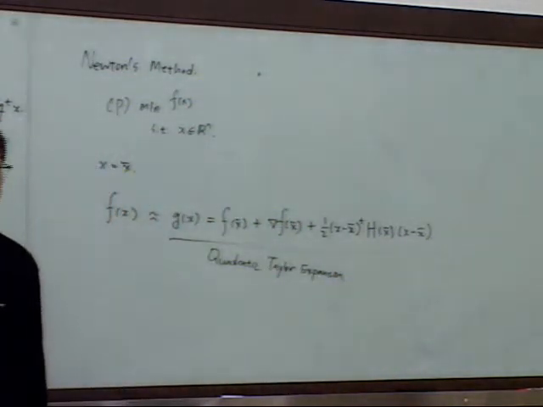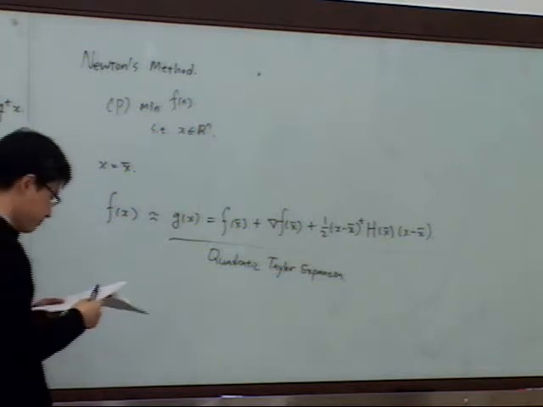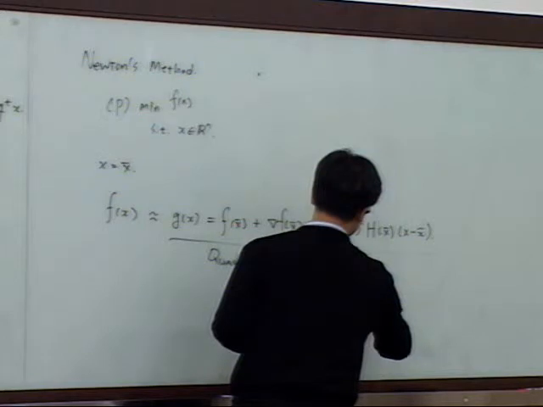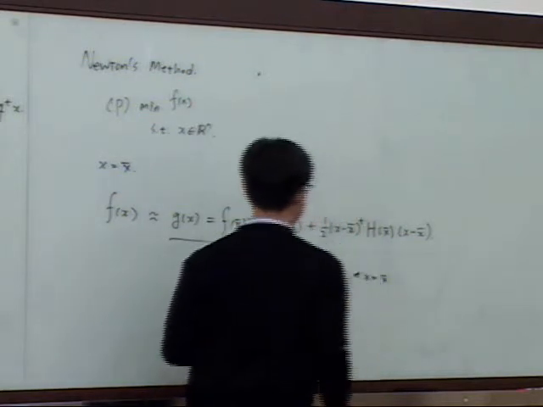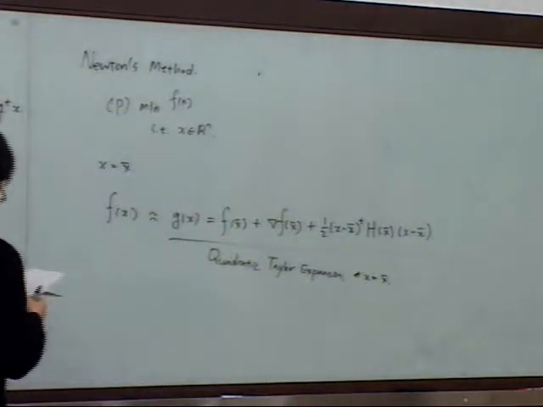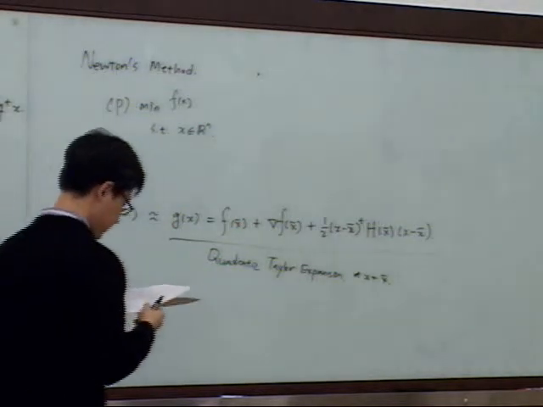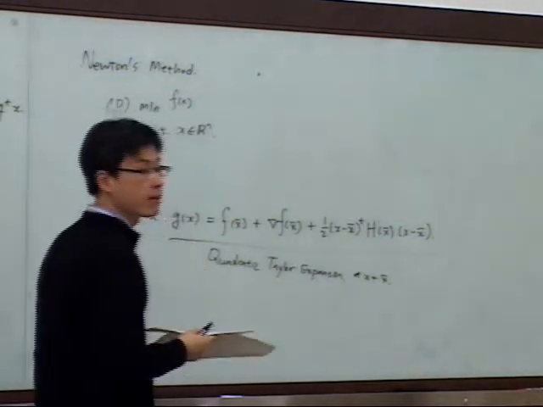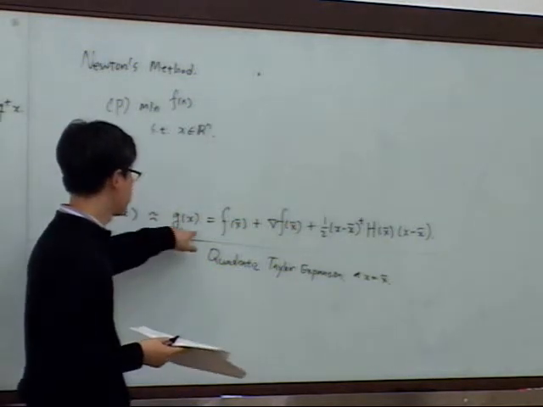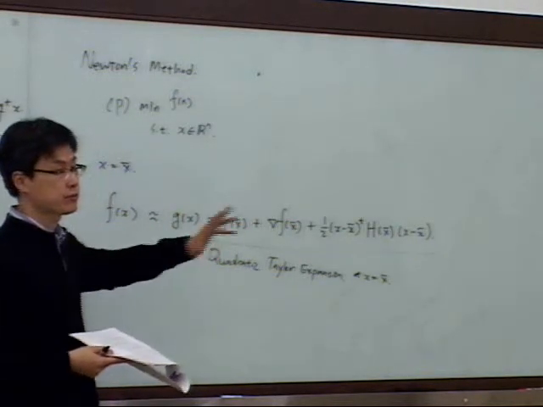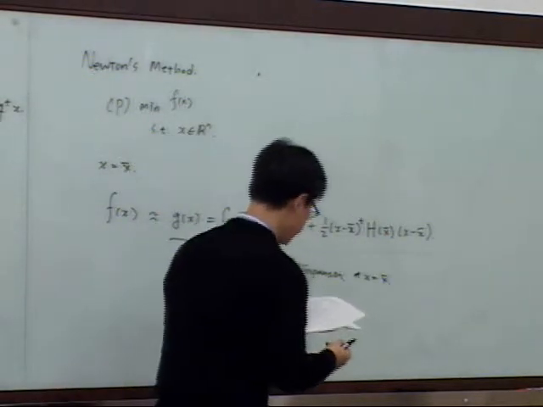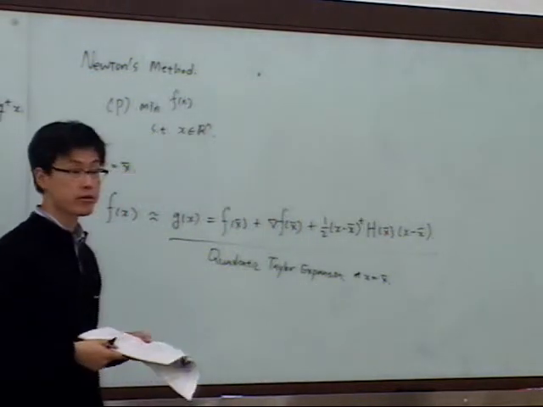This is the quadratic Taylor extension of function f(x), around x bar. I'll just use this g(x) to alleviate some confusion. But anyway, this g(x) is a quadratic function.